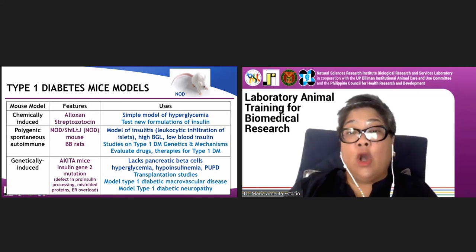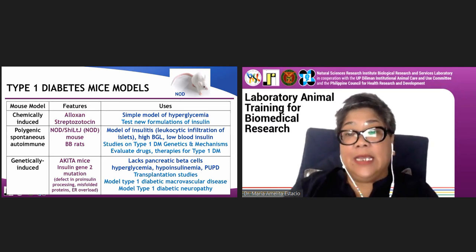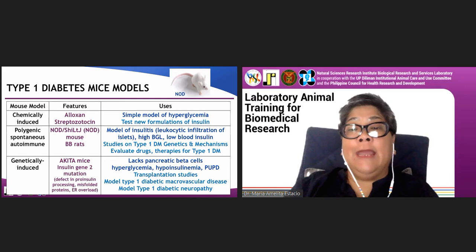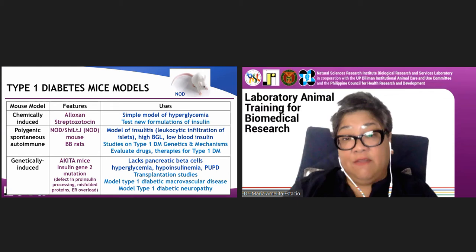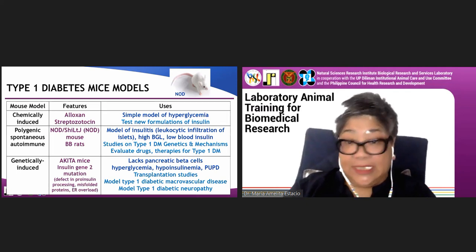That's why we call it a model of insulinitis. So itis is what we call inflammation. It's a general term that we use for inflammation. So we're literally creating inflammation specifically of the pancreatic islet where you can find the pancreatic beta cells.